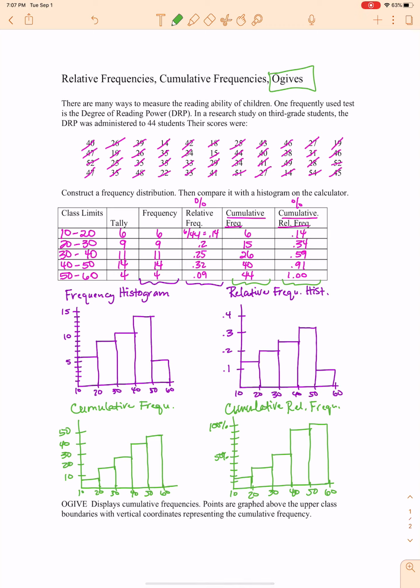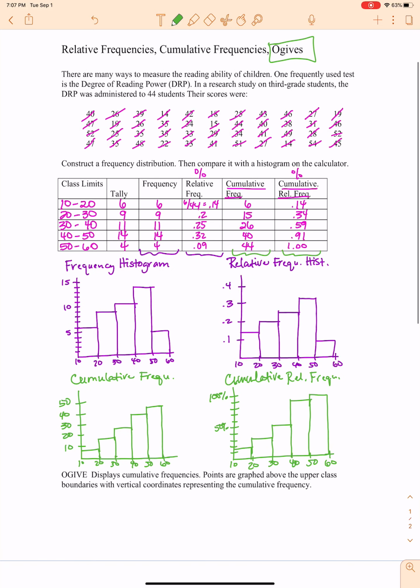Okay, so these are called ogives, and don't freak out by all the stuff that I've got written here already. I just didn't want you to be listening to me tap away writing all of this in your video. This is just an activity to help you understand what an ogive is and how it is created. Okay, the good news. Please pay attention.